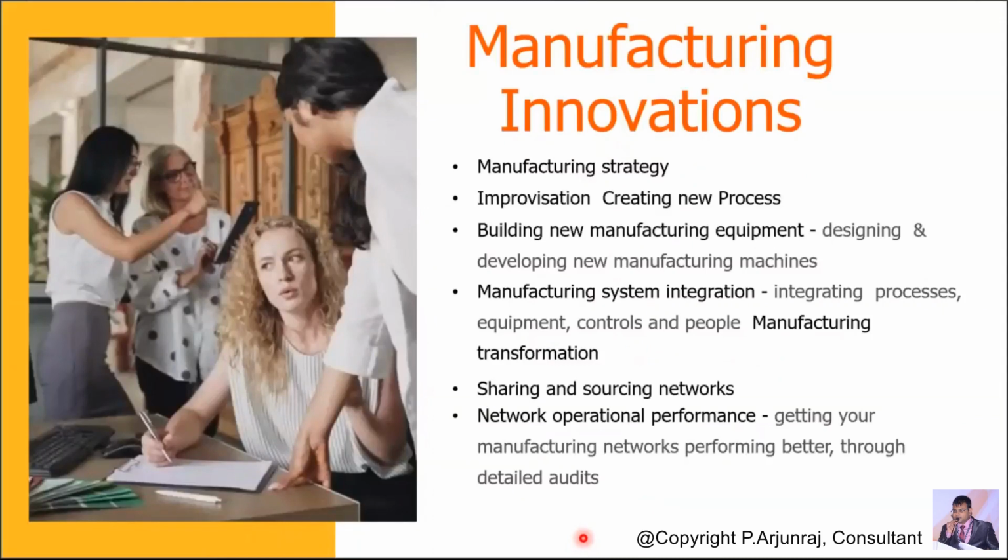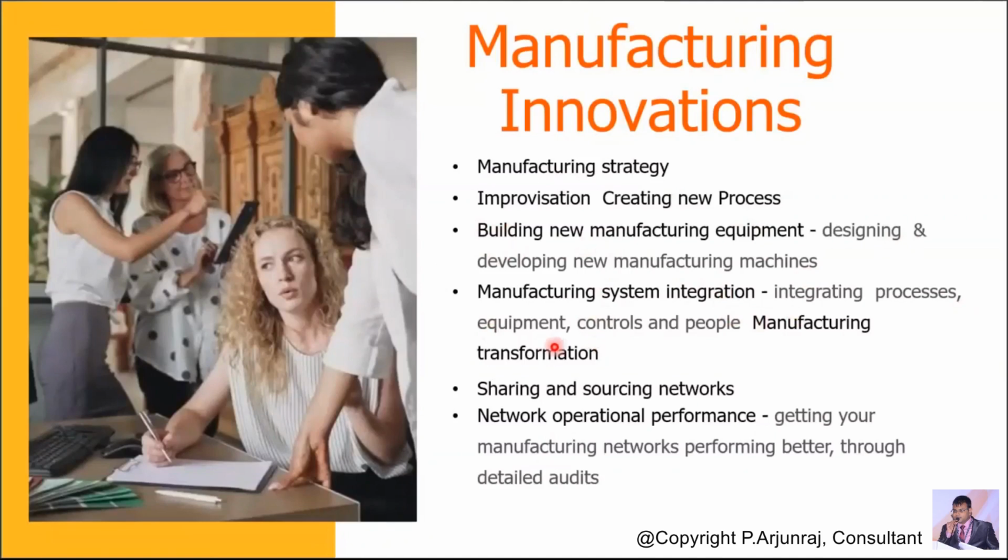When it comes to innovations, again, you need to look at the manufacturing strategy. You should look at creating a new process, and building new manufacturing equipment, like designing and developing new manufacturing machines, and manufacturing system integration, integrating the process.